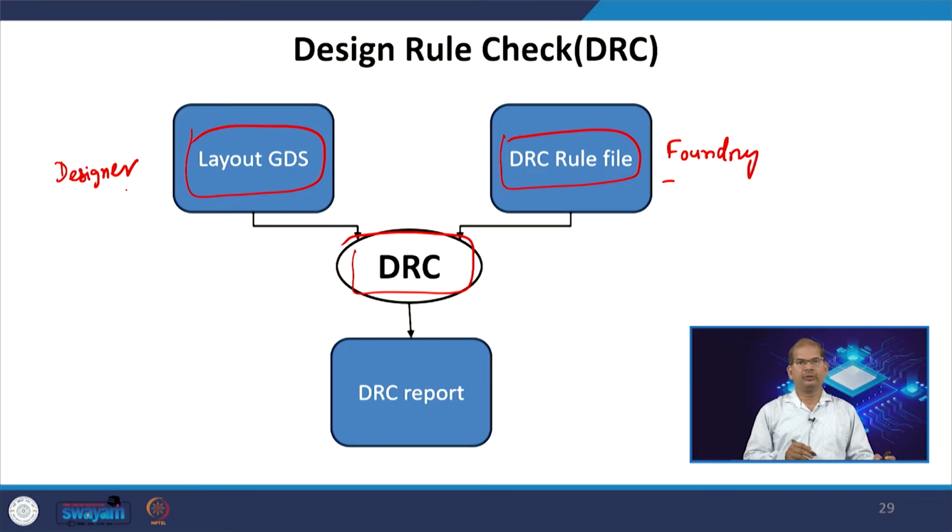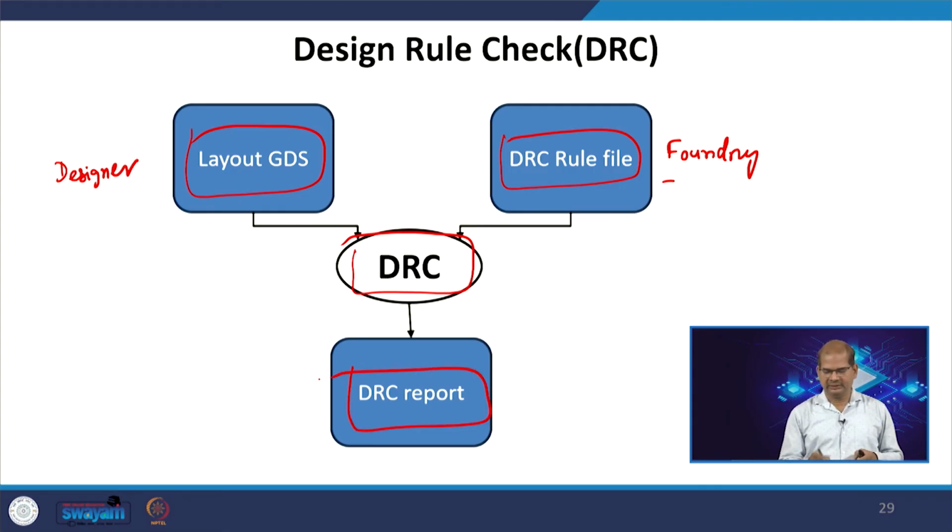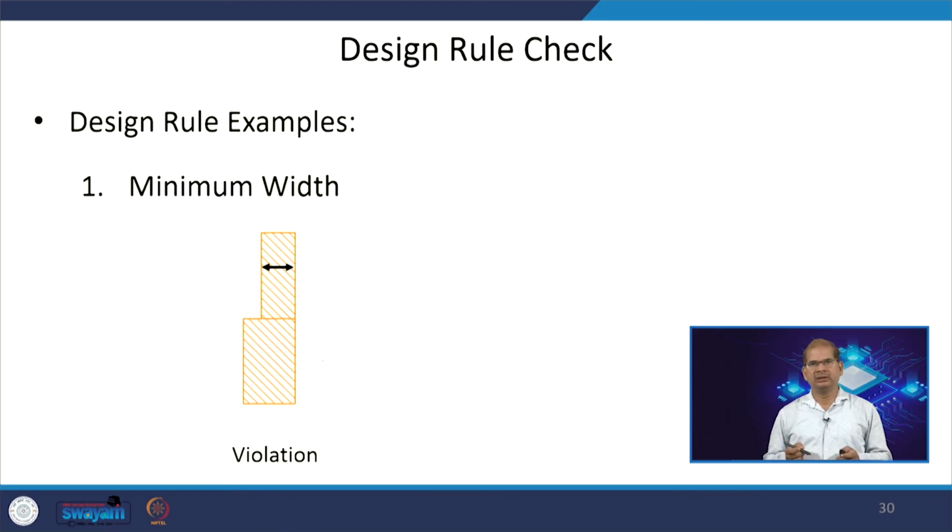Both go to the DRC tool. Then it will generate a DRC report on whether my layout designed by the designer matches the rules defined by the foundry or not. The DRC rules provided by the foundry are the golden rules we need to follow while doing the layouts. If it is not matched, then it will generate some errors in the DRC report. We will discuss some of the violations in this lecture.